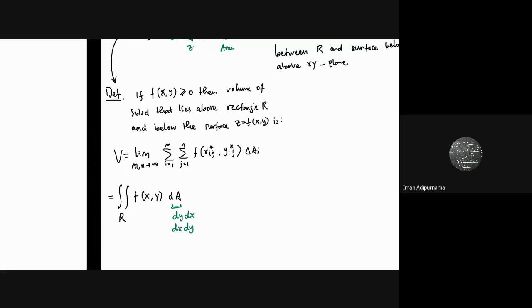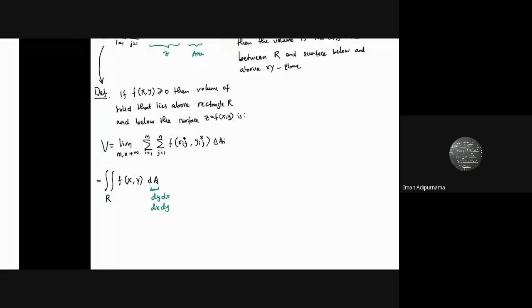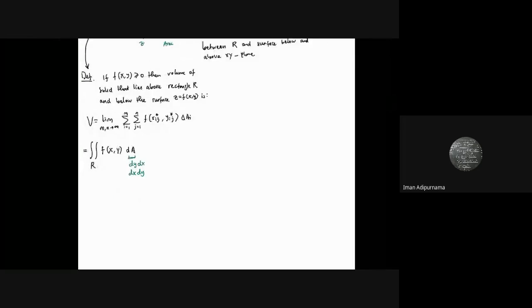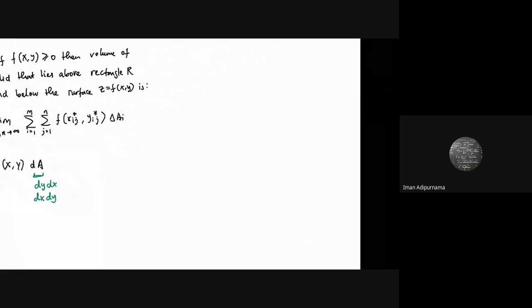Now you have these expressions, and there is an example on how to use them on the Riemann square, but I will skip that because it's not that important. Let's just evaluate some examples of the double integral.